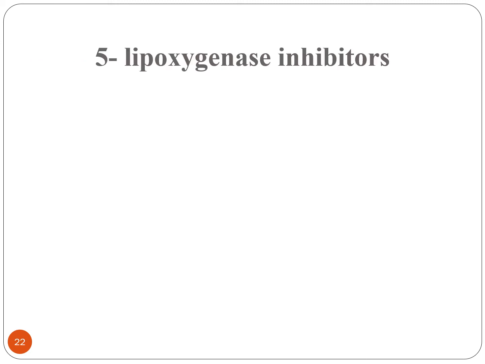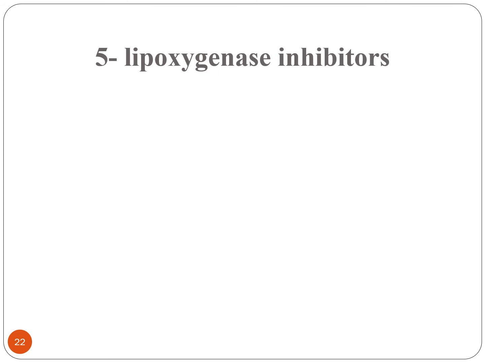Also, we have a group of drugs called 5-lipoxygenase inhibitors, drugs that inhibit the enzyme 5-lipoxygenase. This enzyme is responsible for the synthesis of leukotrienes from arachidonic acid. Arachidonic acid, the 20-carbon acid mobilized from the membrane phospholipids, gives rise to many inflammatory components.